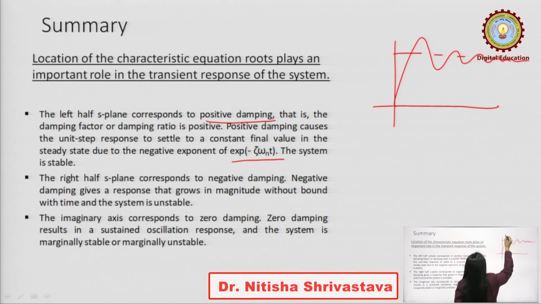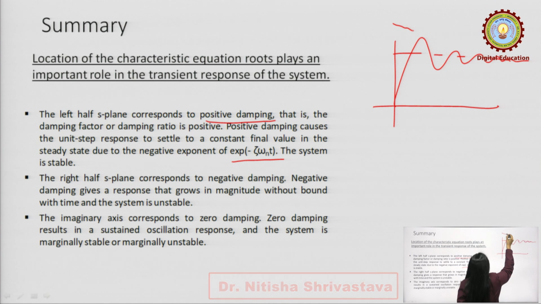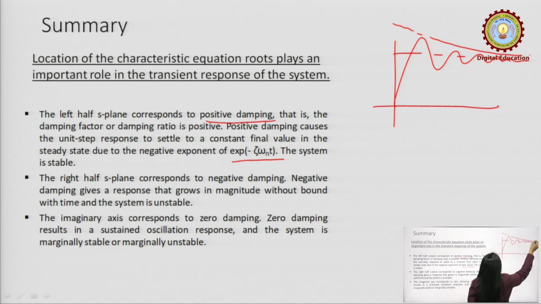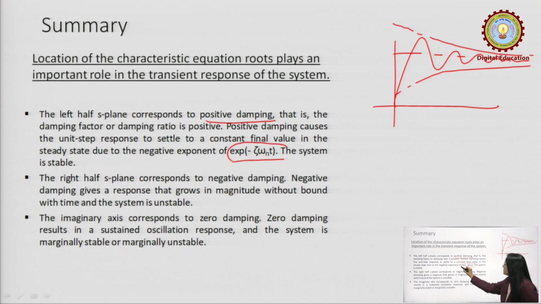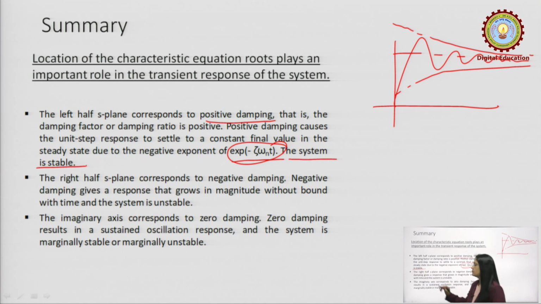Right. So, these oscillations damp out, having both positive overshoots and negative overshoots because of the term existing in the response, e raised to minus zeta omega n t. These oscillations die out and the system is stable for the condition of positive damping.